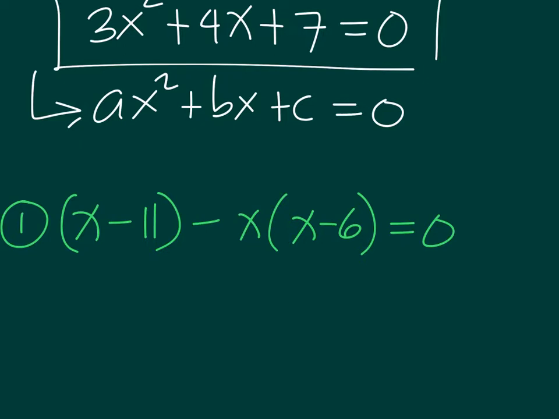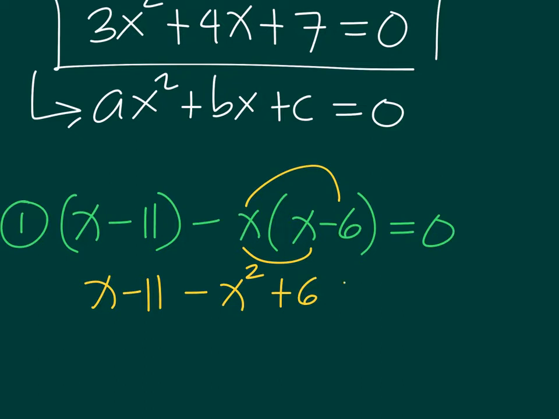The key is to simplify the given expression. To simplify means we rewrite this as x minus 11, we remove the parentheses, then we do proper distribution. This becomes minus x squared, and this becomes plus 6x, and the other side is still equal to 0.